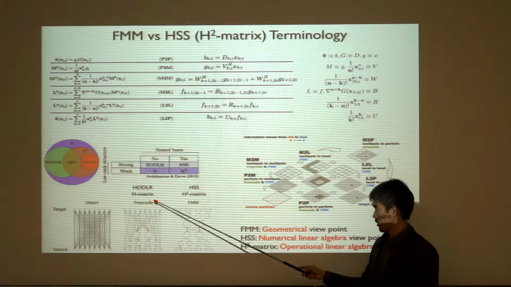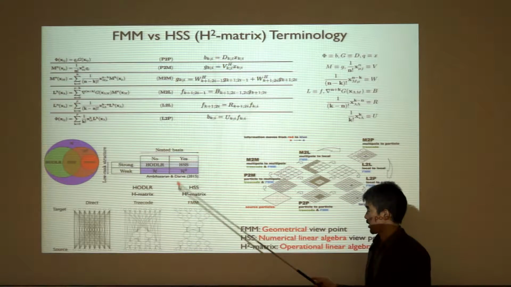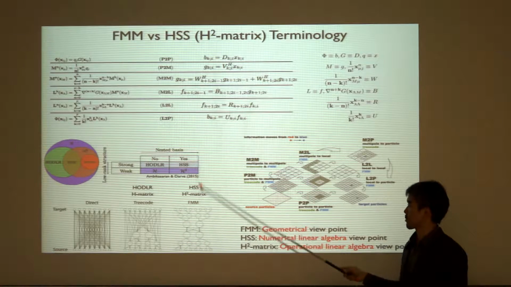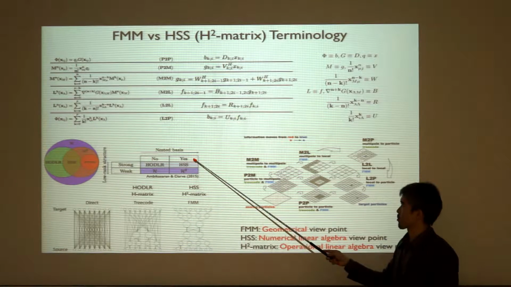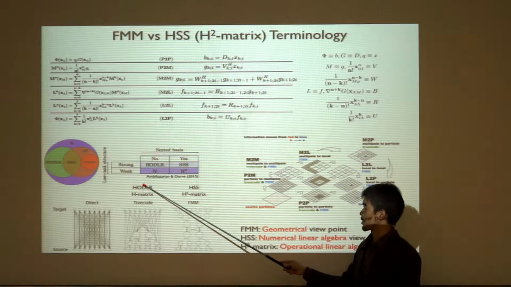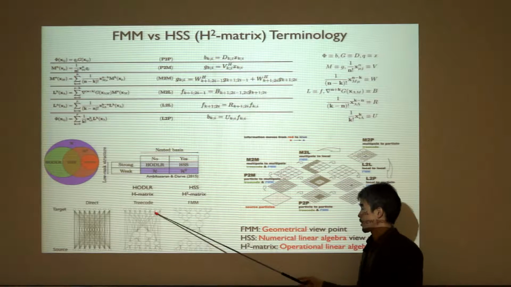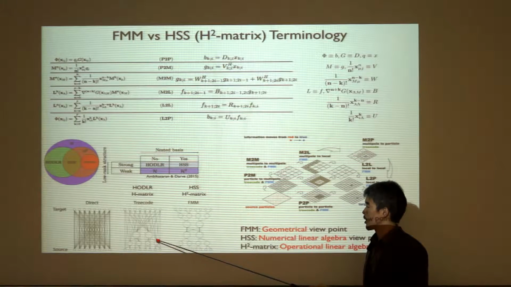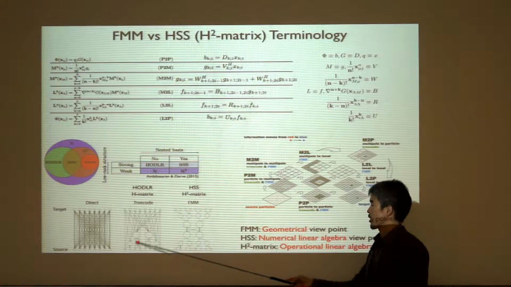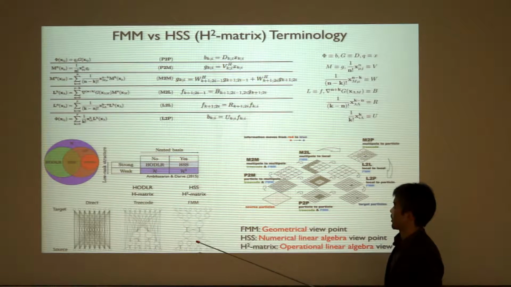So the tree code has non-nested basis, and the FMM has nested basis. You can think of these two methods, HODLR and H matrix, as having this kind of shape, if you look at the clustering of the source tree and the not clustered, not nested target tree.